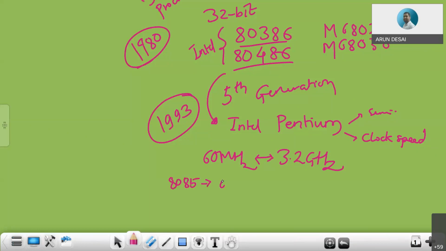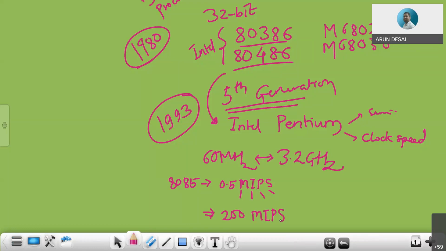0.5 MIPS. That means million instructions per second, right? But in this fifth generation, they came up with 200 MIPS. That means 200 million instructions per second.